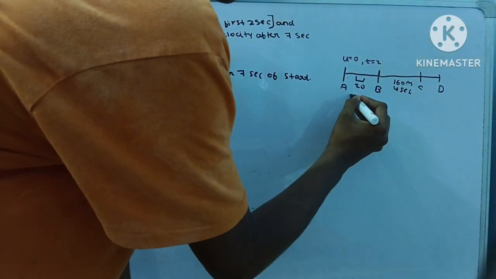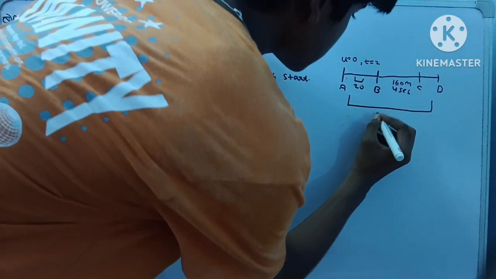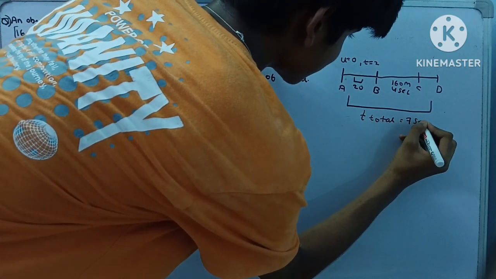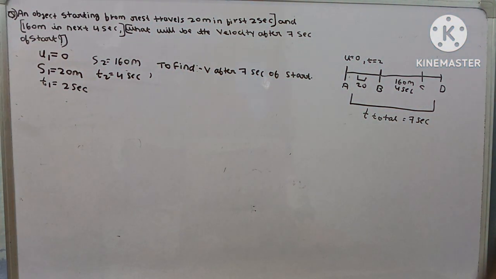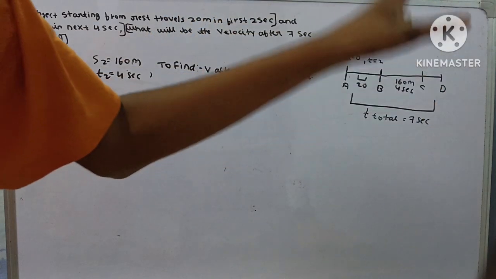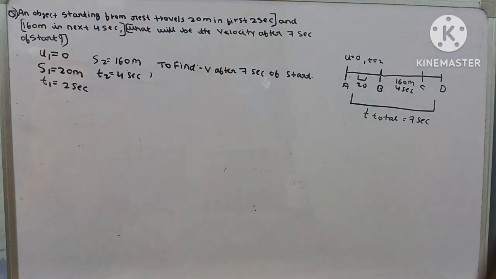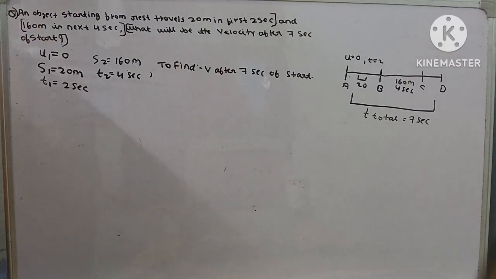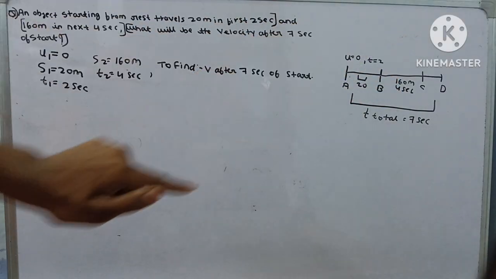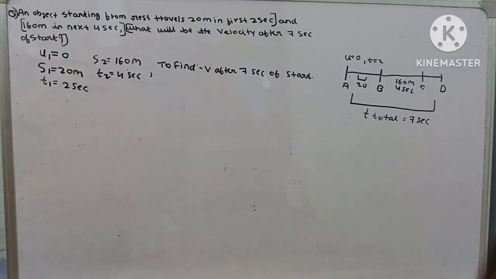So the total time from the start is 7 seconds, because the question says we have to find the velocity after 7 seconds of the start. For finding the velocity, first of all we have to find the acceleration in the A to B case, and then the velocity. Okay, so let us start.